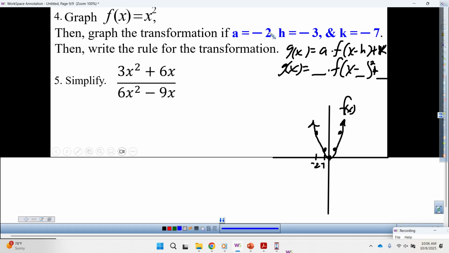We use a is negative 2, h is negative 3, and k is negative 7. So if I rewrite that, my new transformation is g of x equals negative 2 f of x, negative times a negative is a positive 3 squared, and negative times a positive is negative 7.